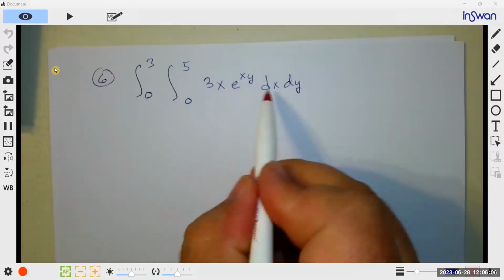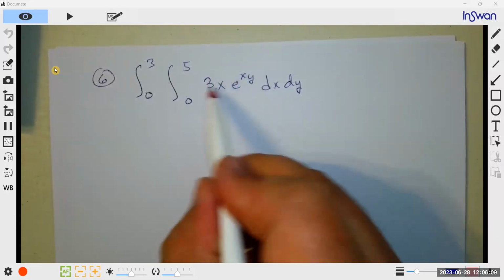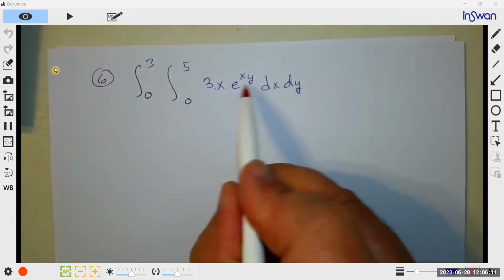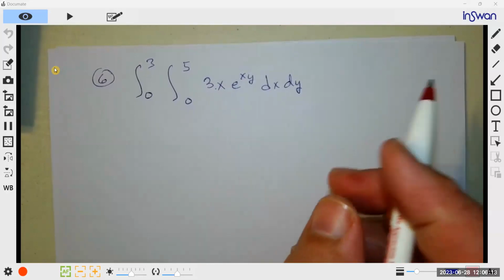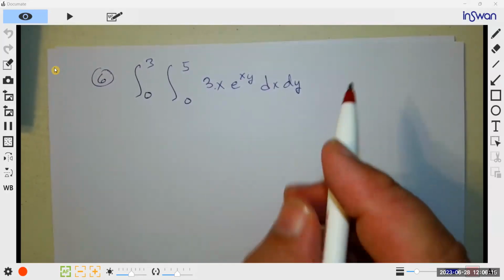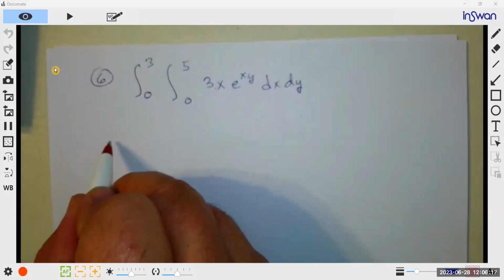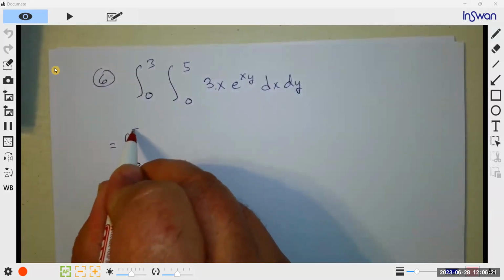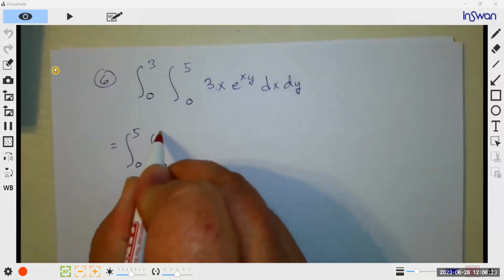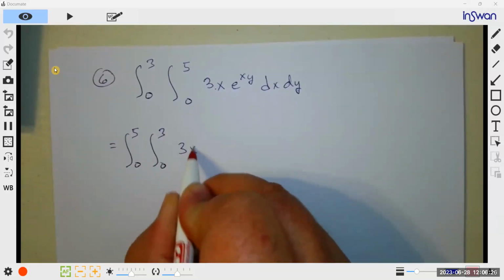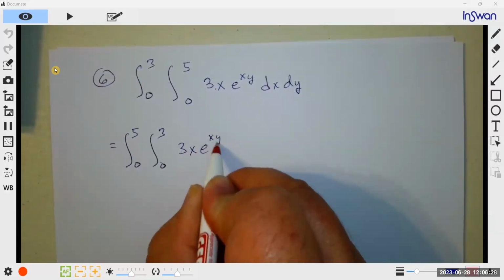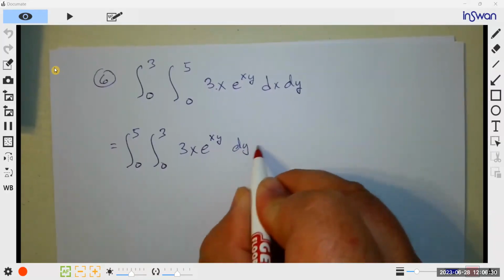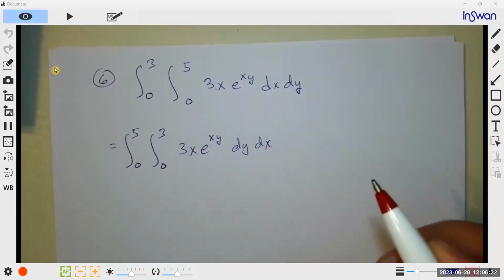First off, there are too many x's here. If we could integrate with y first, then it'd be much easier for us to look at it. So using Fubini's rule, I could switch the order of integration.